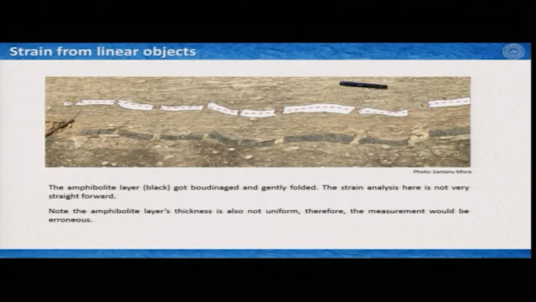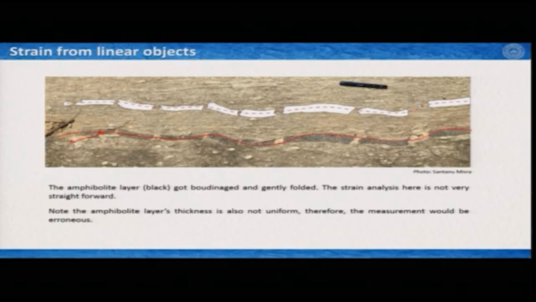For example, what we see in this photograph is this black layer here. Very similarly to what we have seen in the belemnite fossil, this amphibolite layer got budinaged. I tried to make a sketch at the top with the white one, but at the same time while it is budinaging, maybe before or after, you see that it also has a gentle buckling.